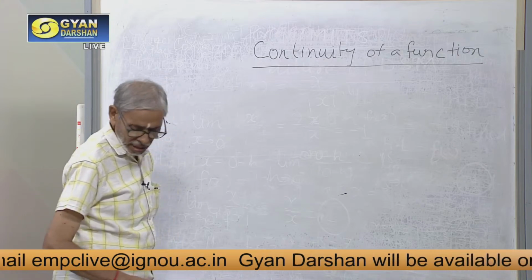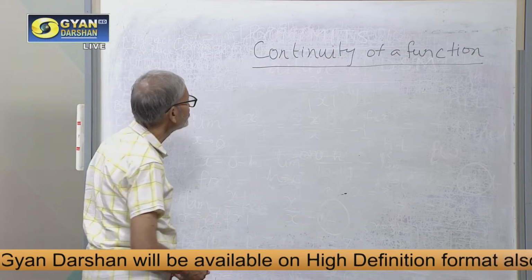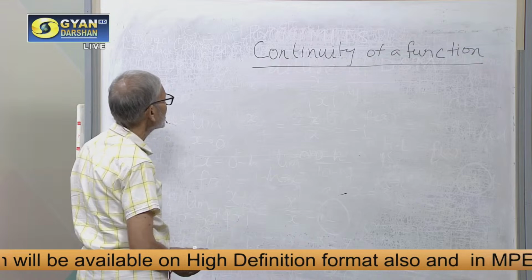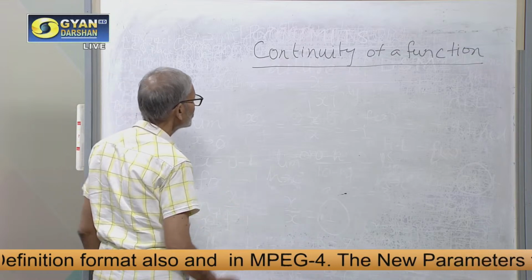So, a function we can define as continuous for a particular interval.